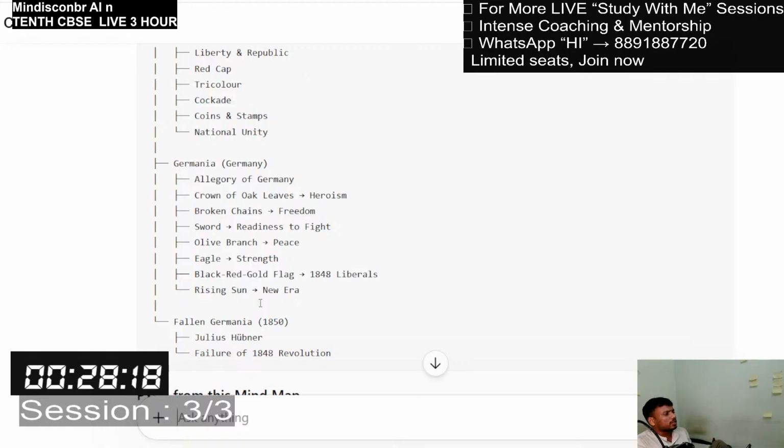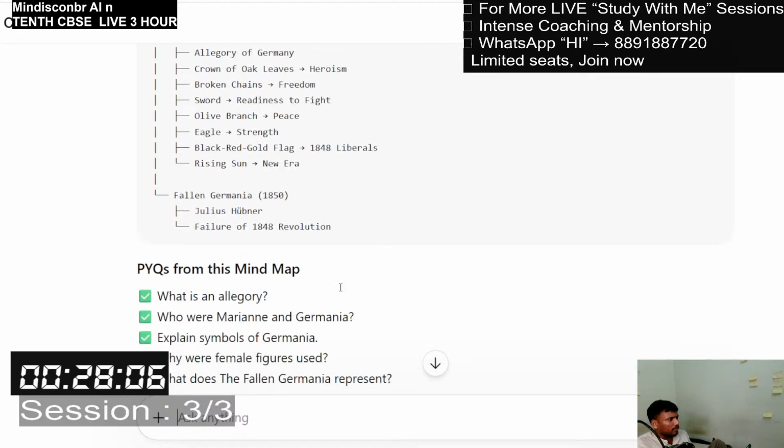Germania, allegory of Germany: crown of oak leaves, heroism; broken chain, freedom; sword, readiness to fight; olive branch, peace; eagle, strength; black, red, gold flag, 1848 liberals; rising sun, new era. Fallen Germania was in 1850, Julius Hubner, failure of the 1848 revolution.